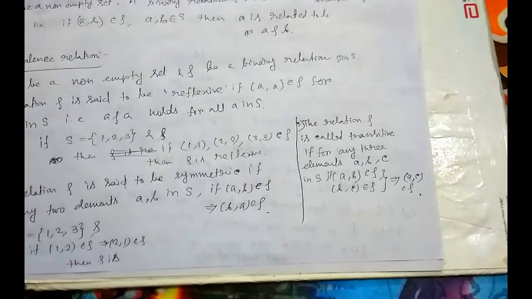But if A comma B belongs to rho, B comma C belongs to rho, but A comma C does not belong to rho, then we cannot say the relation is transitive.